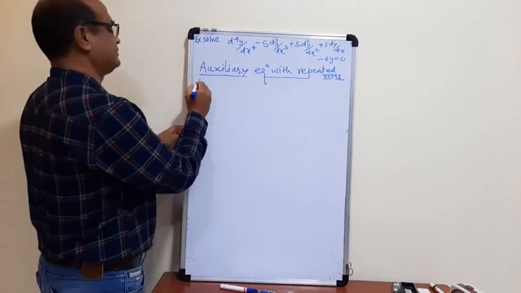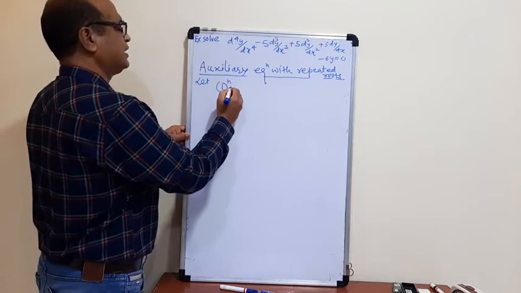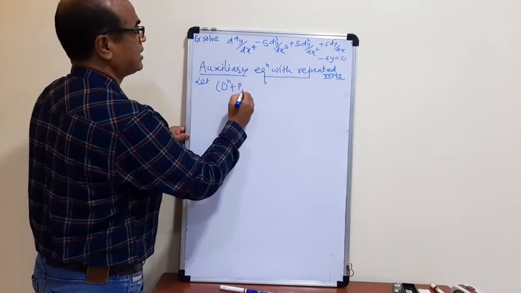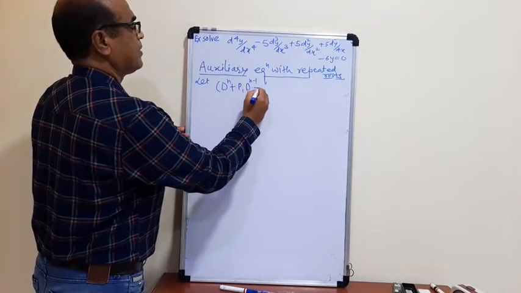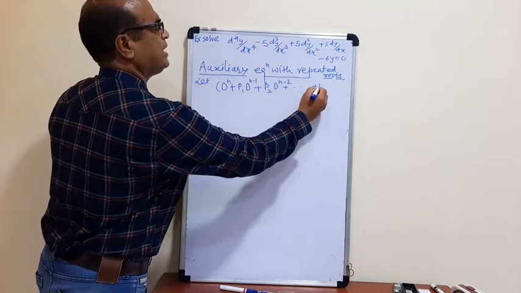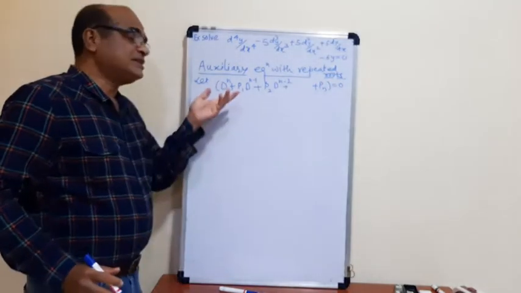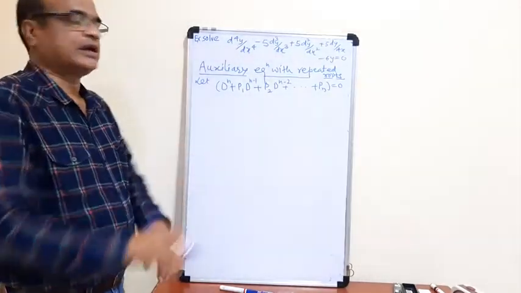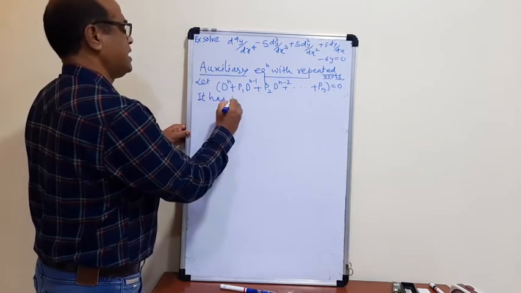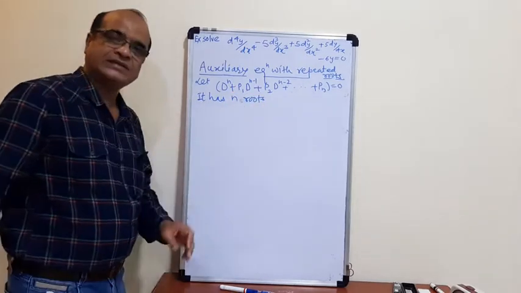Let us consider the general auxiliary equation: d raised to n plus p1 d raised to n minus 1 plus p2 d raised to n minus 2 and so on, plus pn is equal to 0. So this is the auxiliary equation. This equation has n roots.